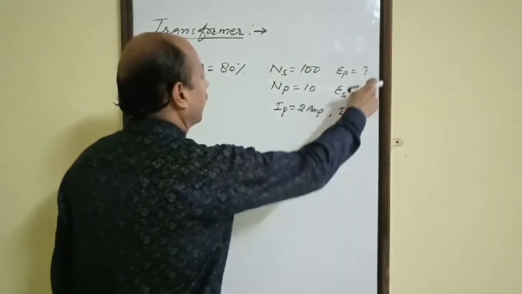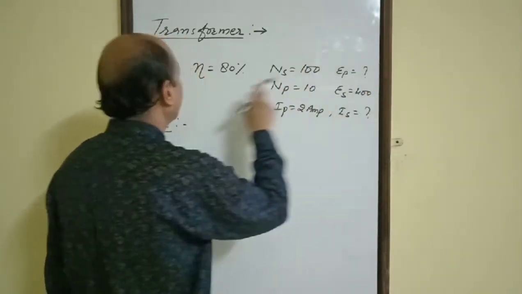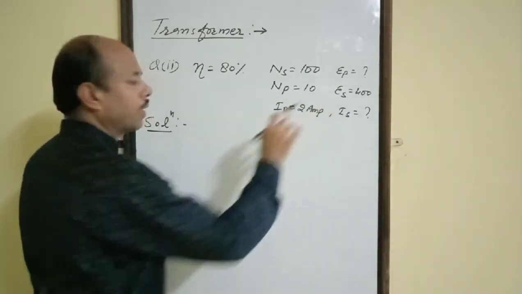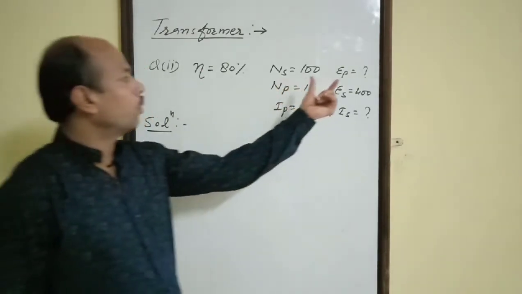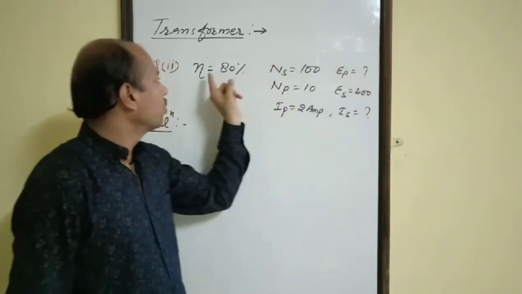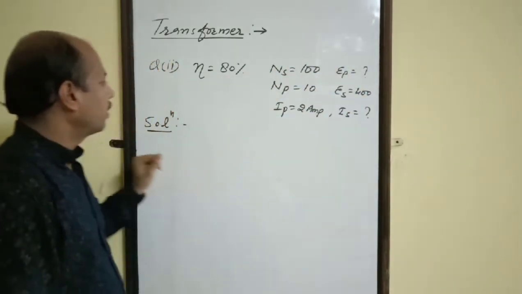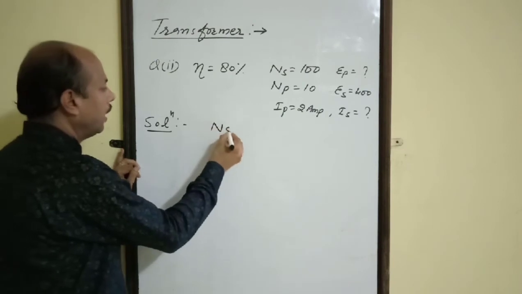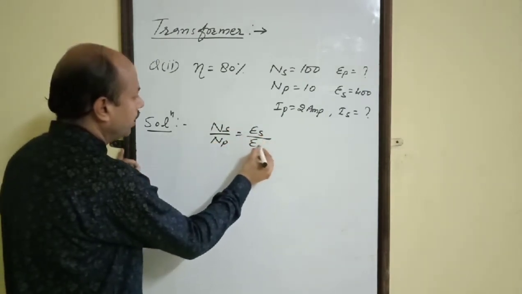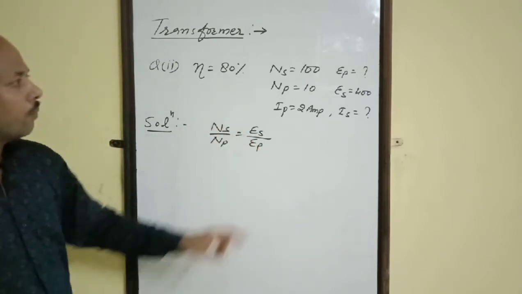we use directly these four data. The concept of efficiency will be utilized to calculate current. But to find out ES or EP, if number of turns are given, there is no use of eta. So directly first we use NS by NP equals to ES by EP. What we have to find out?